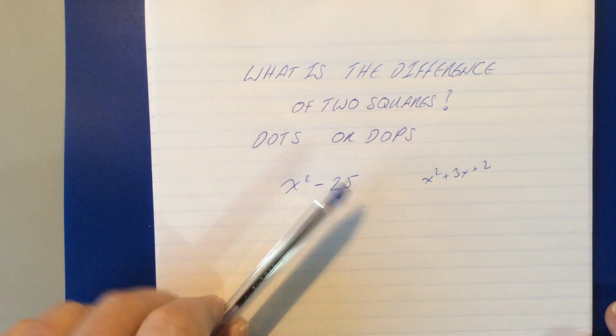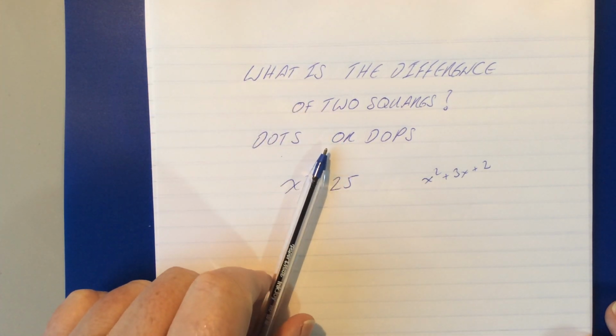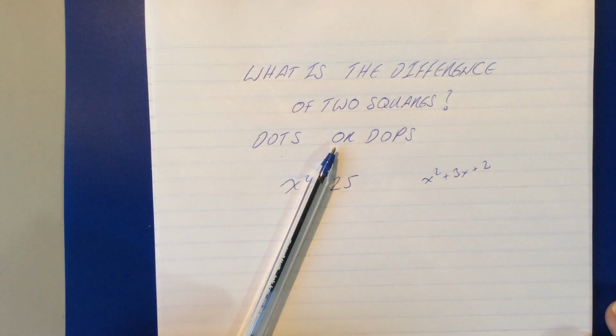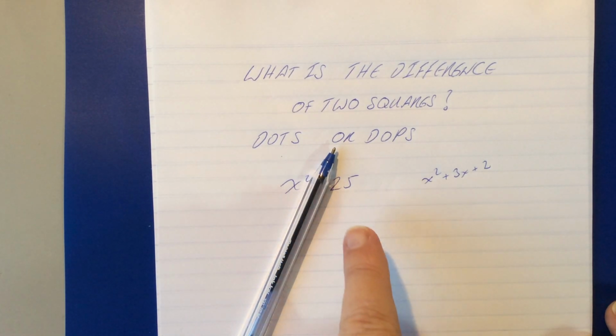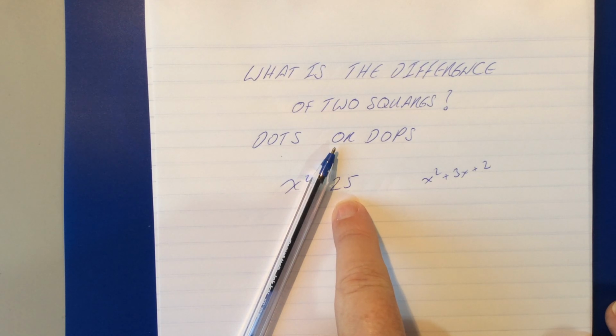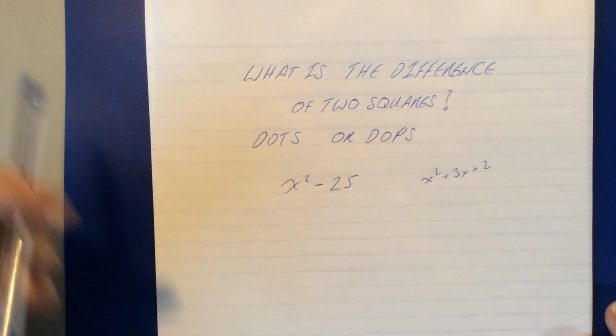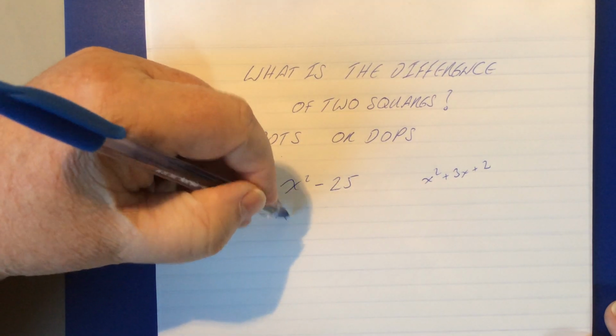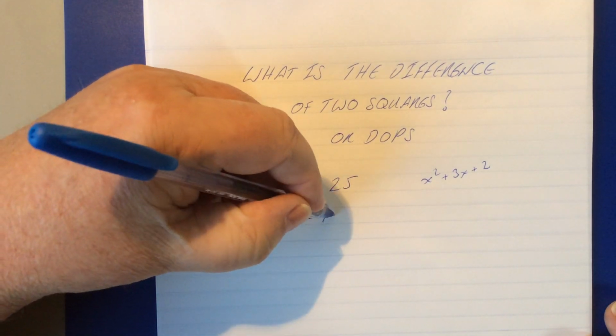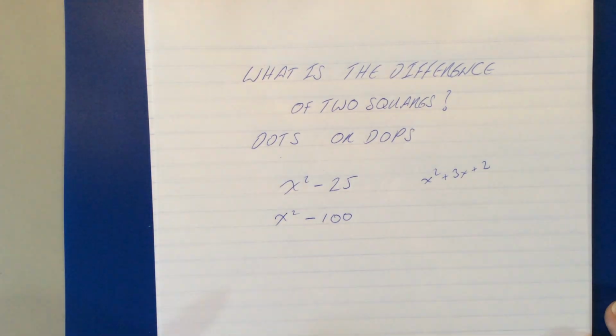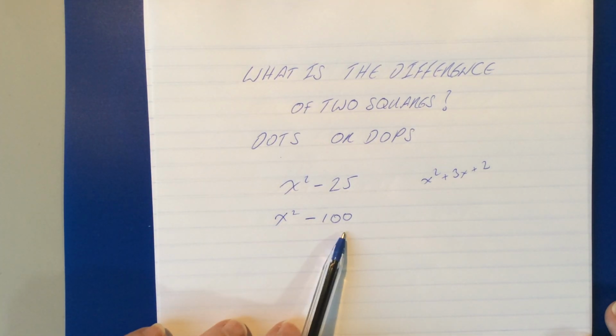And if we just ignore the negative sign for a moment, just pop the pen over that. So 25 is 5 squared. The square root of 25 is 5. And another example of one of these might be x squared minus 100.